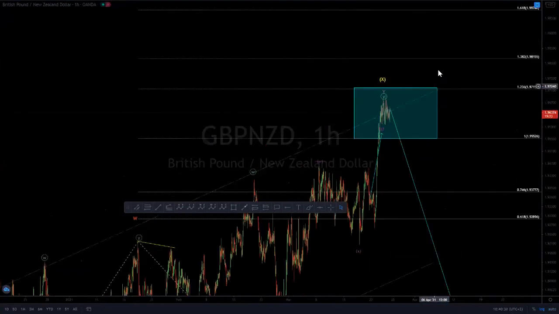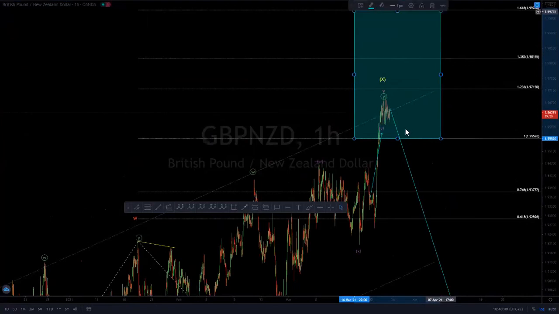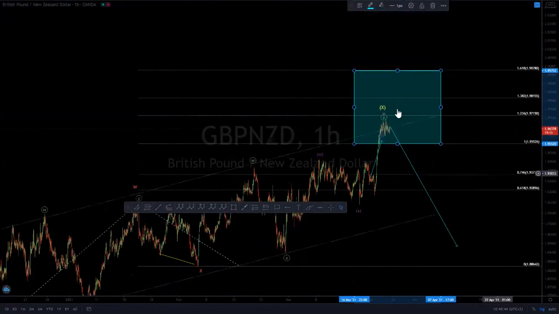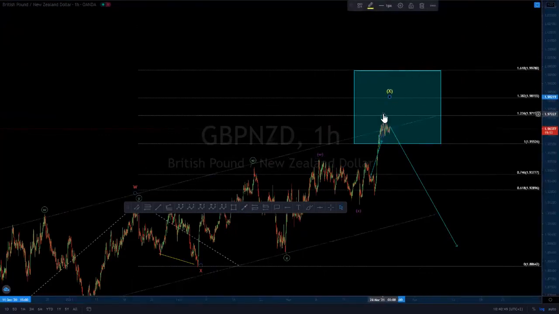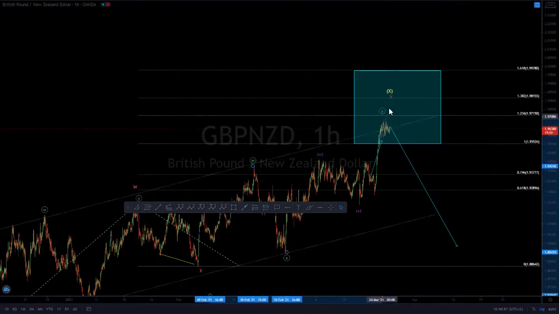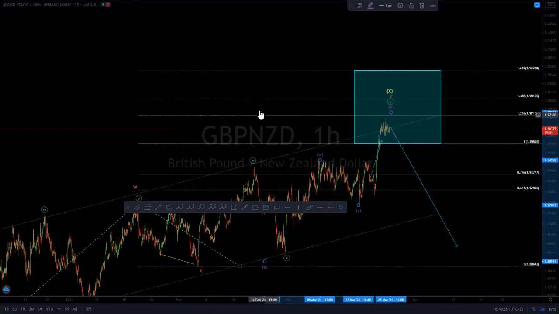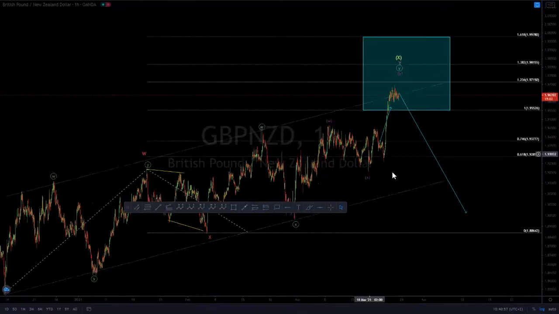But this blue box might extend up to like 1.618. So you can see that if we decide to take this trade here, now the stop loss needs to be above this 1.618. So why am I not giving a go ahead that we can execute this trade here? Is because I'm looking at NZD US dollar. If you look at the market right now, it is not driven by the pound pairs, especially pound NZD.